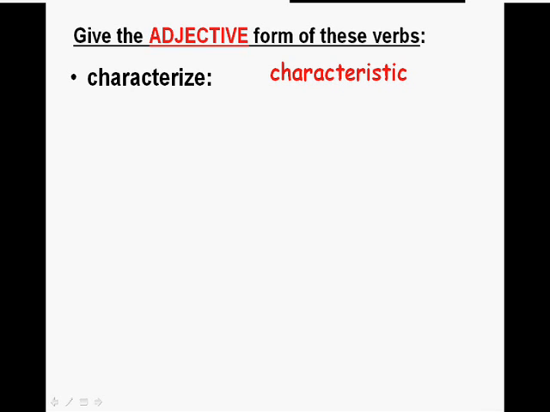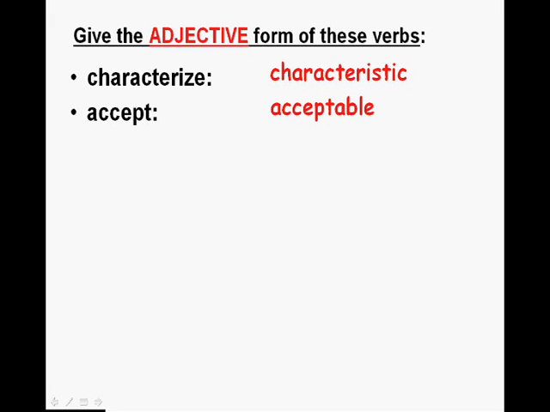So the adjective is characteristic. Accept, the verb accept, and yeah, excellent. The adjective is acceptable. I added able as the suffix able to the end of the word.